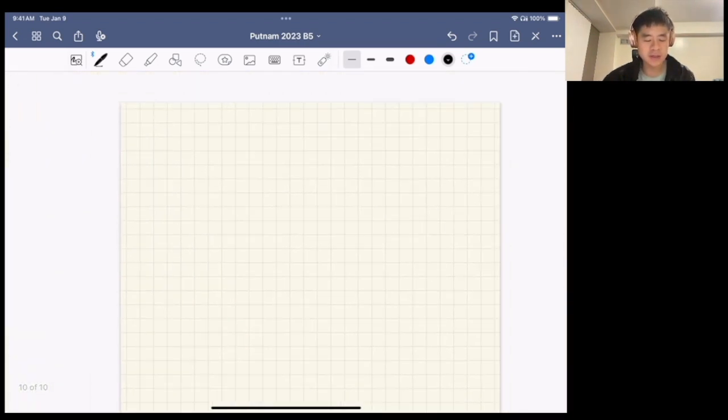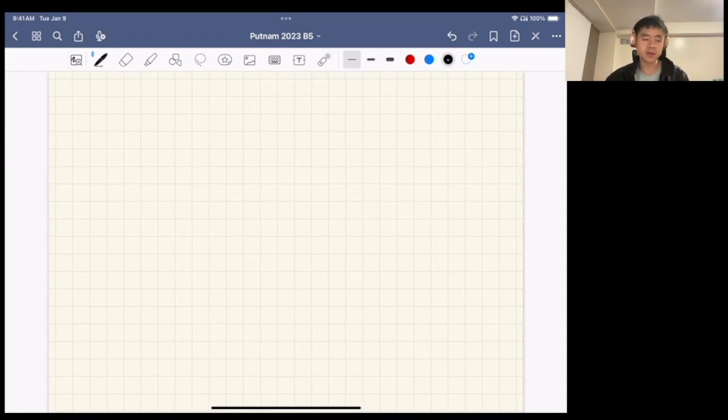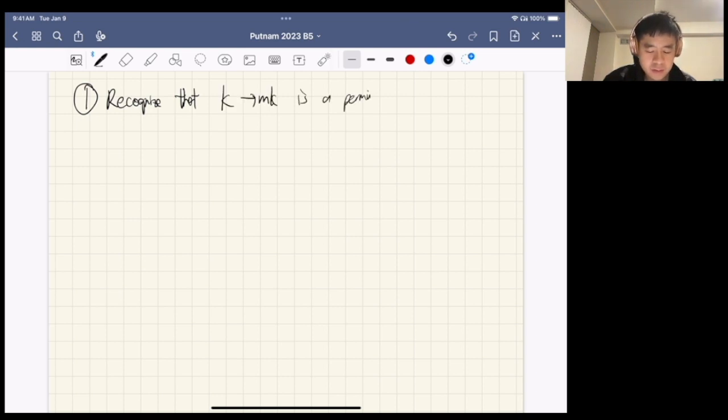So to summarize, these are the following steps in solving this problem. The first one is to recognize that the mapping k to mk is a permutation. Let's say that this permutation is given by rho.